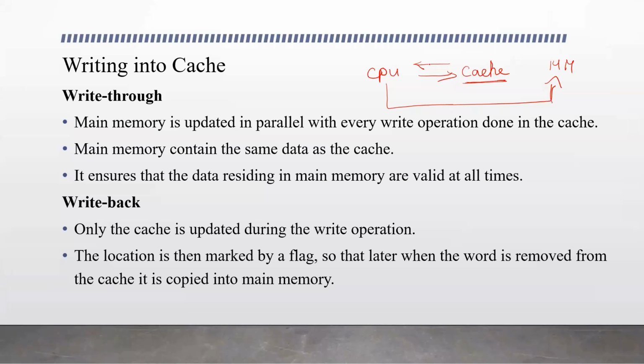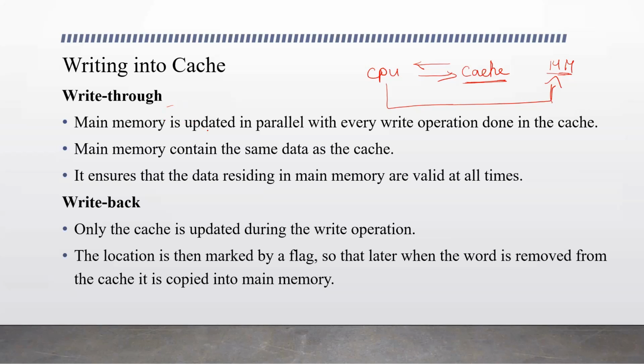When the CPU updates the data in the cache, the corresponding same data is available in main memory. So to make sure that the updated data is also in main memory, it has to be updated when the data is updated in cache. There are two ways of doing it. The first one is write through.